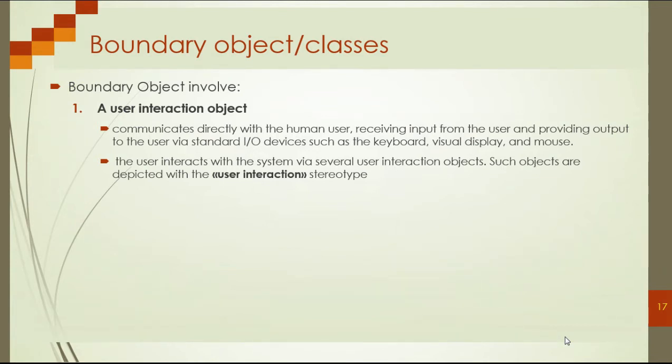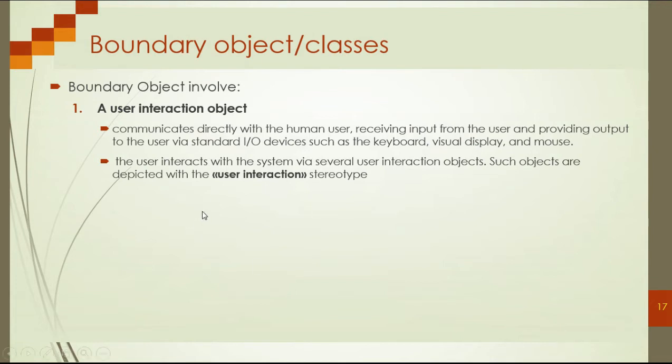From the name, the user interaction object is used to represent the human in the system. So the system deals with a user, so we should represent this human in our system. So we create a user interaction object to represent this user.